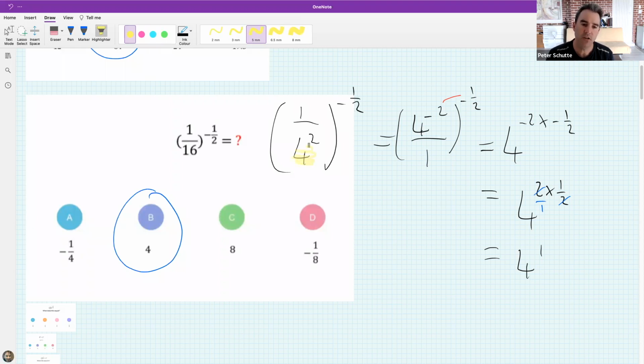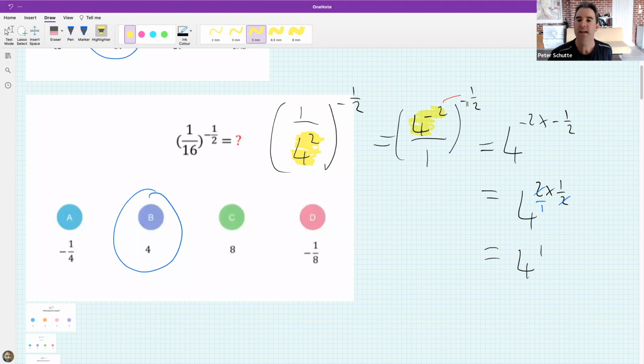So can you see the 4 squared that is down at the bottom here now? Now look how it goes up. It goes from the denominator to the numerator. It's all of a sudden above the line. Can you see how it changed to -2? I'm talking about the one outside the bracket, the negative half.